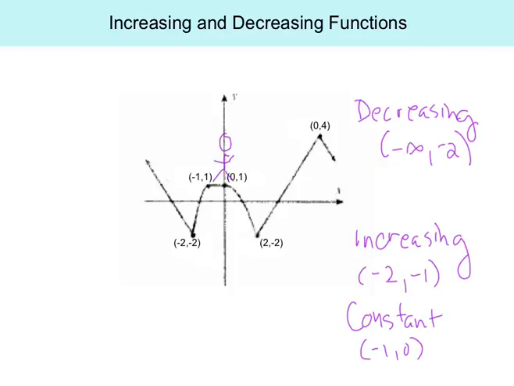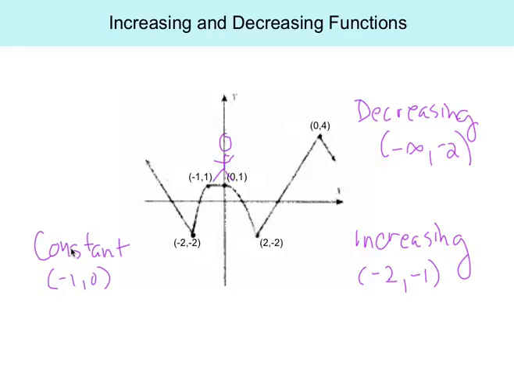I'm going to move this over because I'm going to run out of room. And now we get over to where x is 0, and our person is now moving downhill. So between 0 and x equals 2, our function is decreasing.